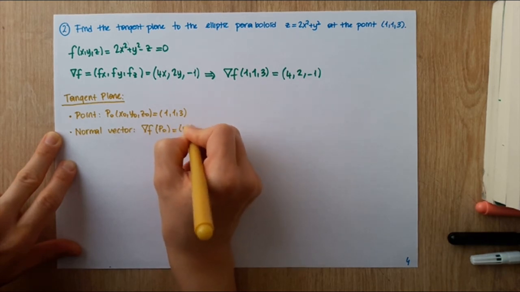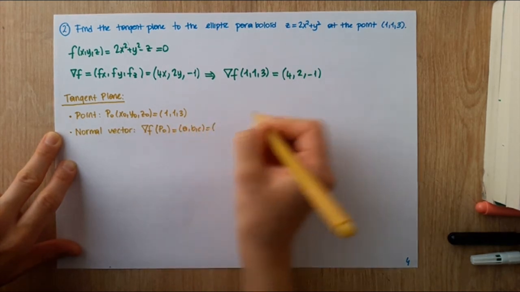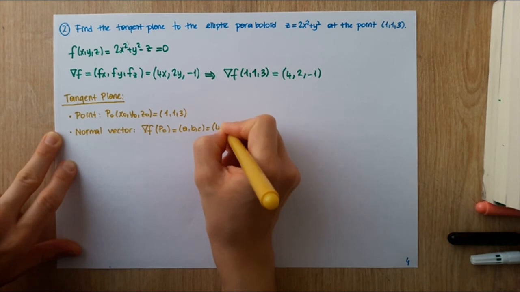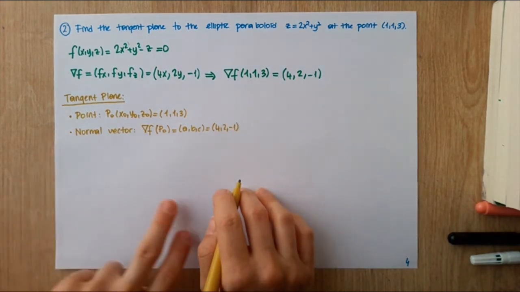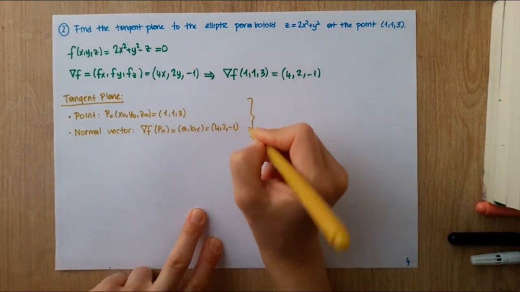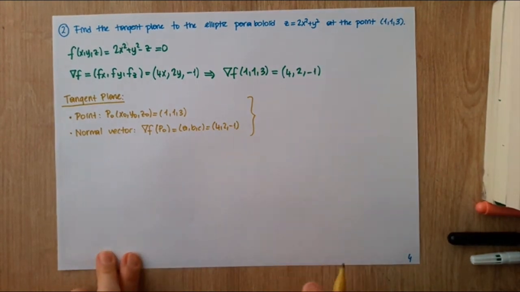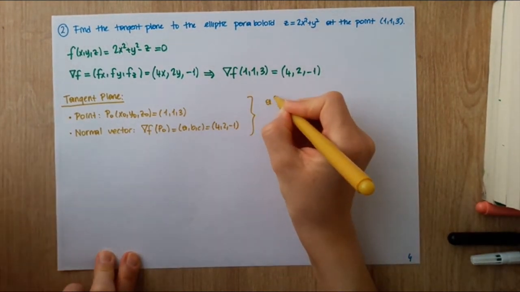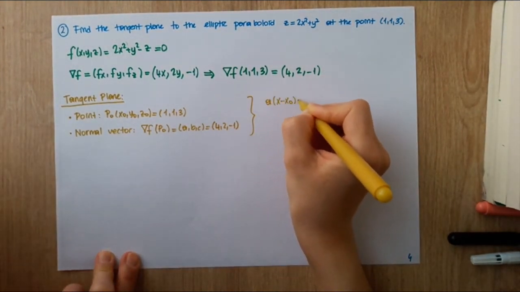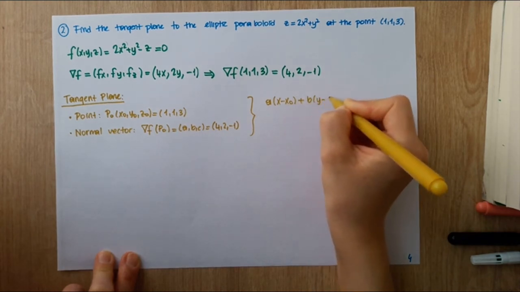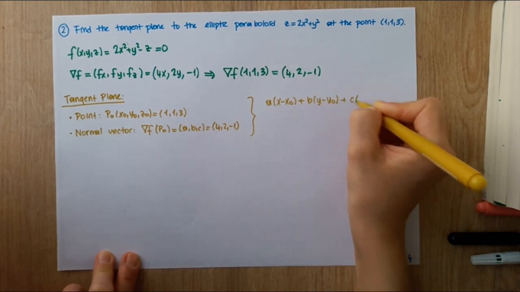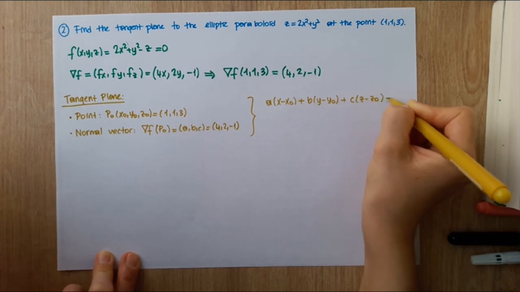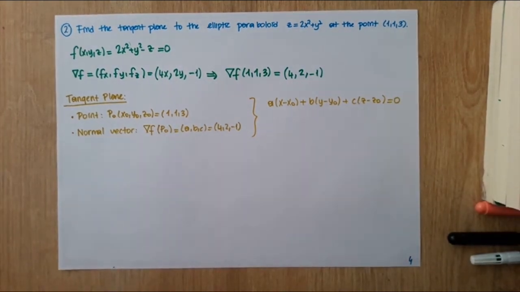So it is A, B, C, and we have obtained that it is 4, 2, and minus 1. Okay, so we know the formula, and we just substitute everything here. The formula is A times x minus x0 plus B times y minus y0 plus C times z minus z0 equals 0.